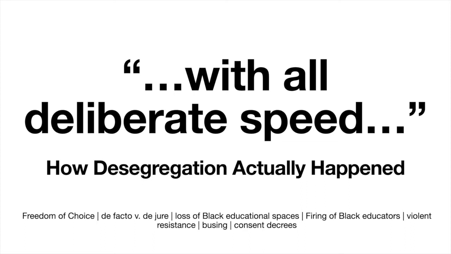When desegregation did happen, we saw the loss of Black educational spaces. Right? Desegregation in practice meant that Black students were moved into white schools. And so they lost Black teachers, Black administrators, culturally relevant curricula, all of the excellence that was in segregated educational spaces.